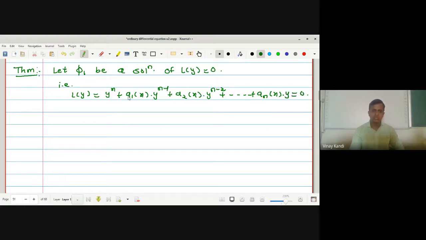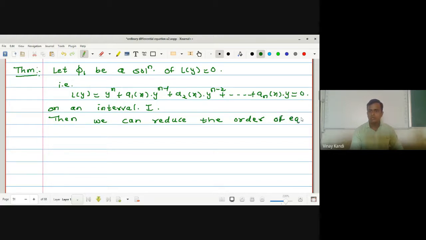So phi 1 is the solution of this equation on an interval I. Then we can reduce the order of equation L of y is equal to 0 by 1.